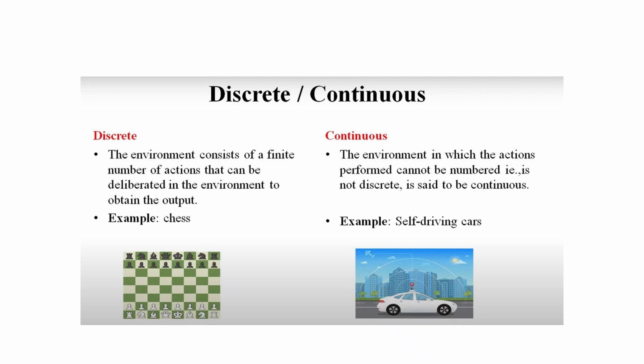An aircraft control system is another example, and robot movement is one of the main important things. The action cannot be numbered. It can go in a forward direction, then backward, or in a circular motion. So wherever we go, it is not discrete, it is a continuous environment.